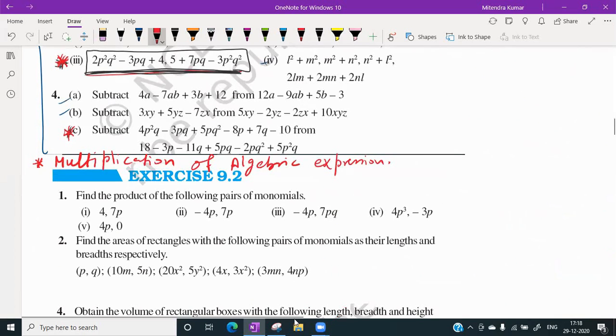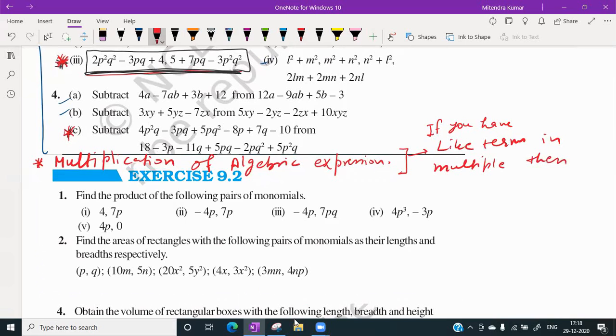So in this also, if you have like terms in multiplication, then further simplification is possible.